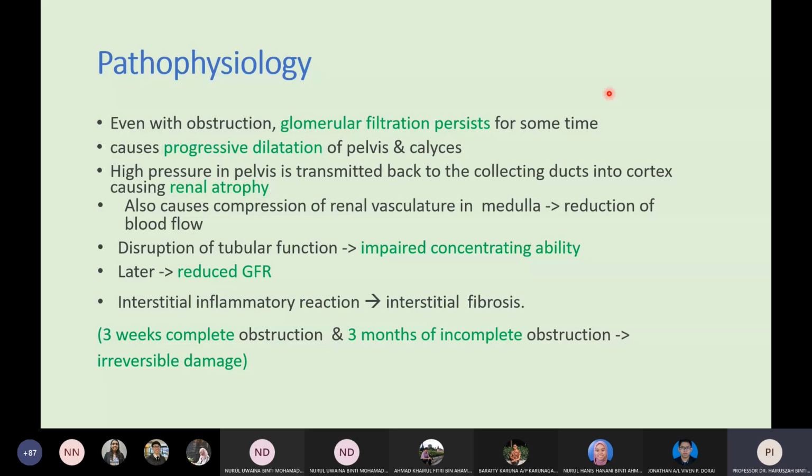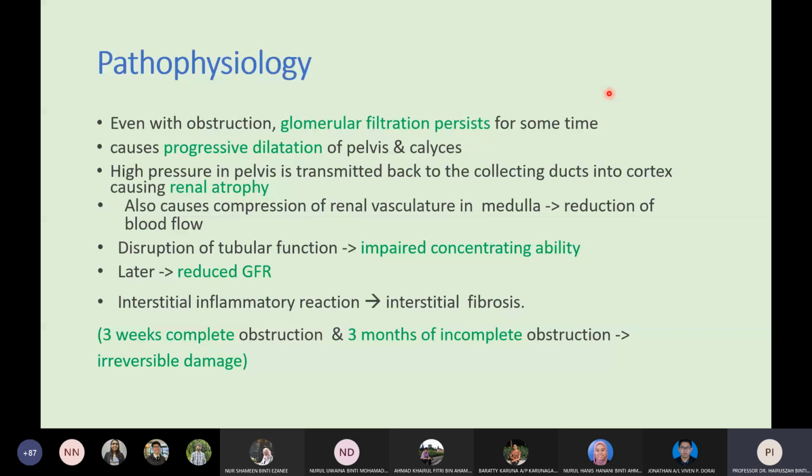That causes dilatation of the pelvicalyceal system, and in turn it creates high pressure in the pelvis, which gets transmitted backwards to the collecting ducts within the cortical areas. And this itself will cause renal atrophy, the intense pressure. Not just the kidney parenchyma that is being compressed, it also compresses the blood vessels. Your kidney is very well vascularized for it to resume its function.